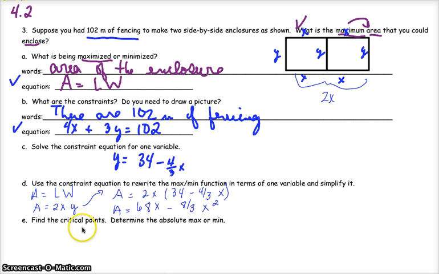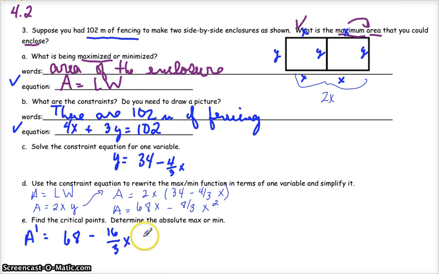Now we will find the critical points. Remember, critical points are the zeros of the first derivative. So let's find the first derivative of our function A. The derivative of 68x is 68, minus the derivative of 8/3 x squared, which is 16/3 x.